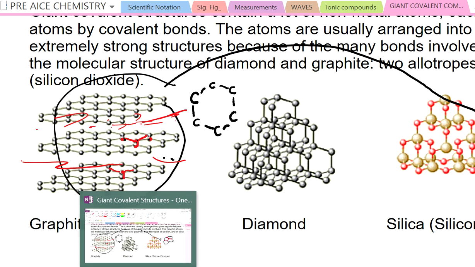And that gives the graphite certain properties. For example, graphite conducts electricity. Where can I find graphite? Your pencil. Yes, the graphite in your pencil conducts electricity, so don't try to experiment with it.